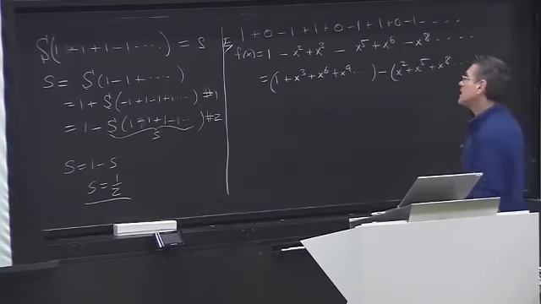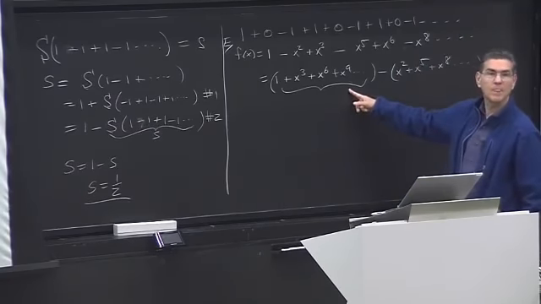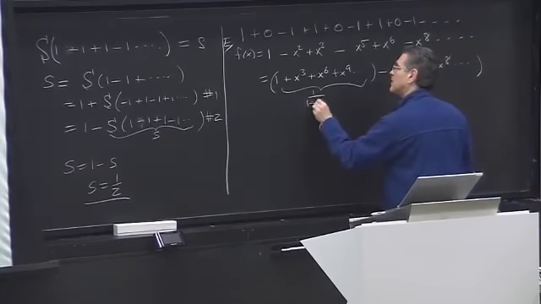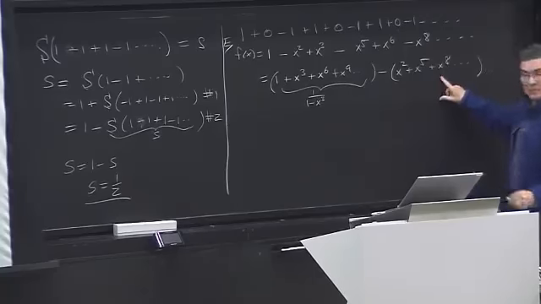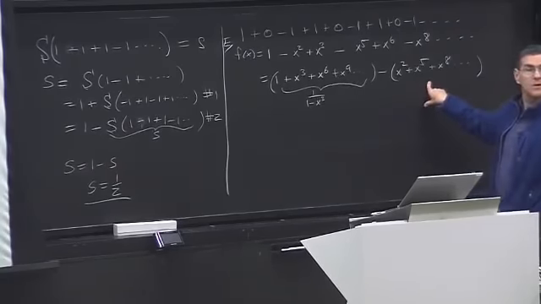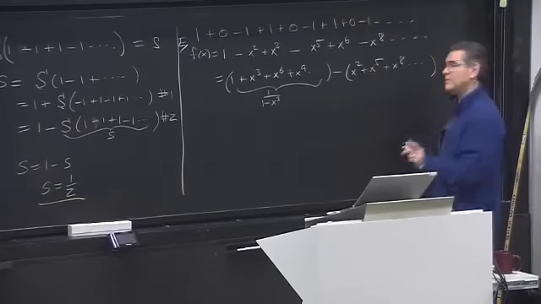Okay? Now, we can sum this series. What is the sum of that series? Okay, 1 over 1 minus x cubed. And what is the sum? Whoops. What's the sum of this series here? x squared times that. That's right.